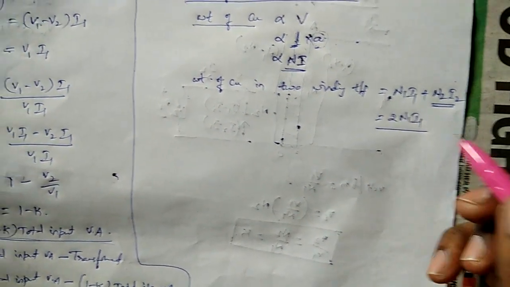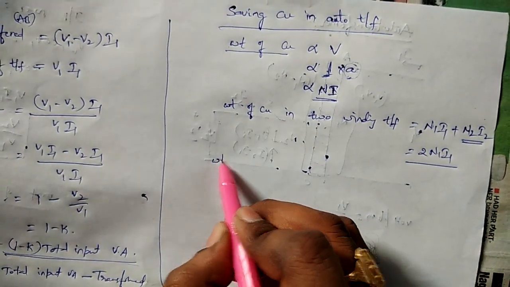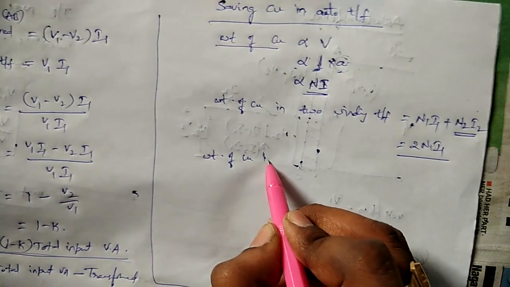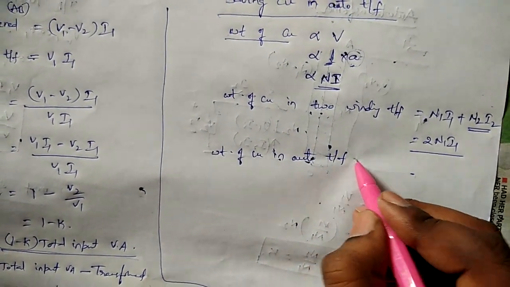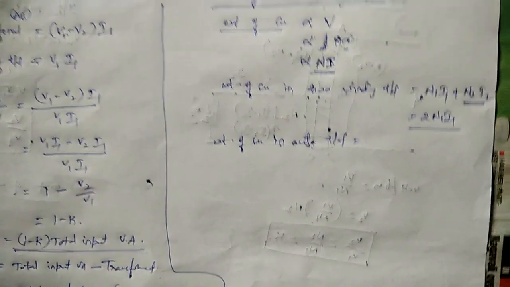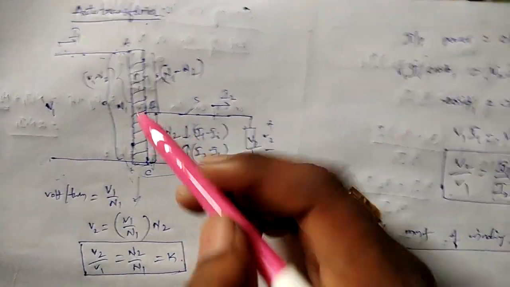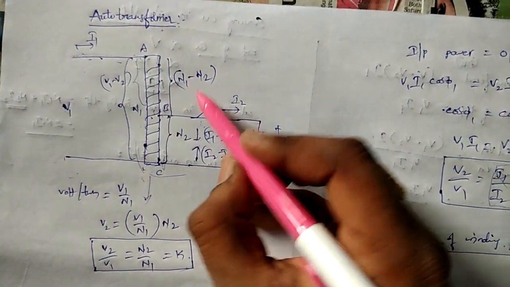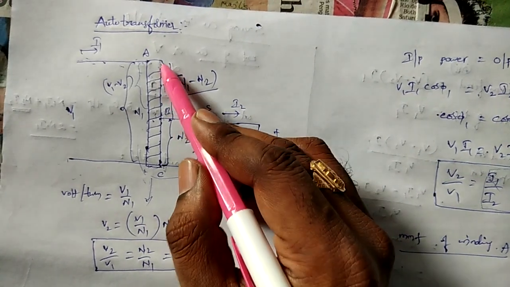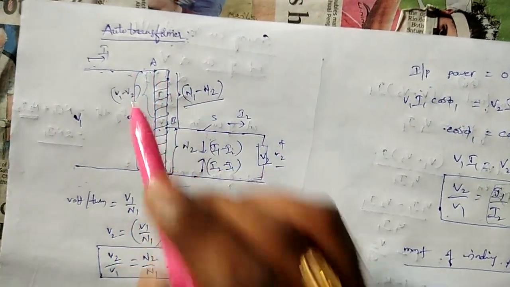Okay. And now we will calculate the weight of copper in the auto transformer. So in the auto transformer, what is the weight? Let us see the diagram. From here to here, the number of turns will be n1 minus n2, and the current flowing is I1.